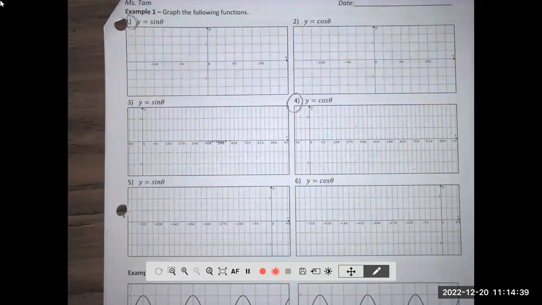And remind me again, sine starts where? We need to be confident with that. Sine starts where? Cos starts where? Okay? We need to remember that. That is our biggest thing that we're going to walk out of today remembering. Okay? Okay, so you can do the other ones while we're waiting, okay?